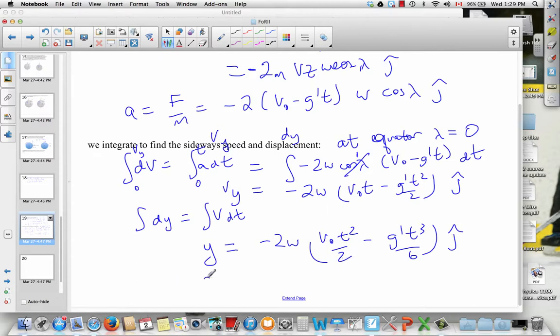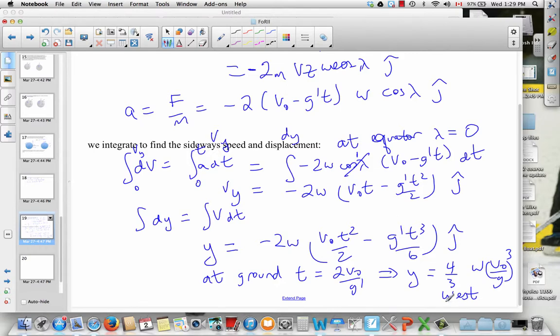Now, when the thing is back at the ground, we can figure out, because we know what the time is when it gets back to the ground, you can show that the y displacement is 4/3 omega v naught over g cubed to the west.